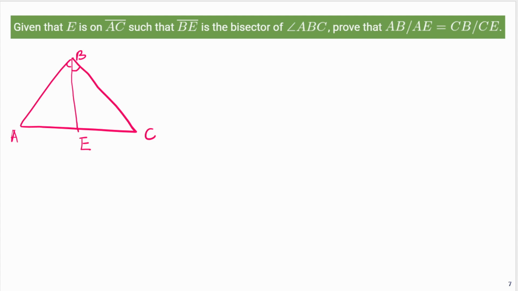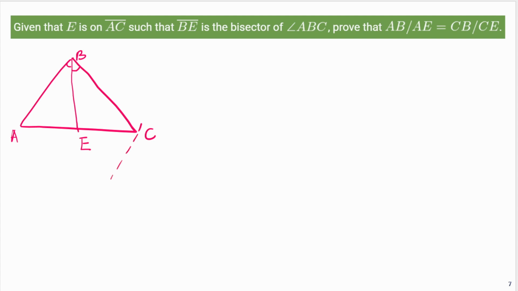Okay, let's have a look at the solution together. Seeing ratios here, we can think of similar triangles, right? Similar triangles make us think of parallel lines. So we can draw a line through point C such that this line is parallel to segment AB. This is possible by using straight edge construction.